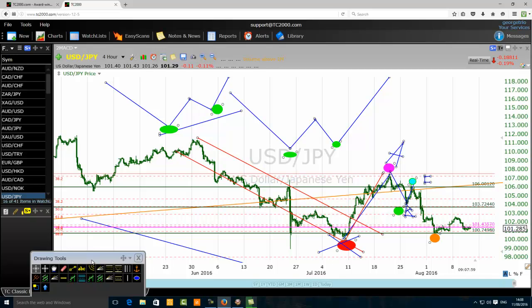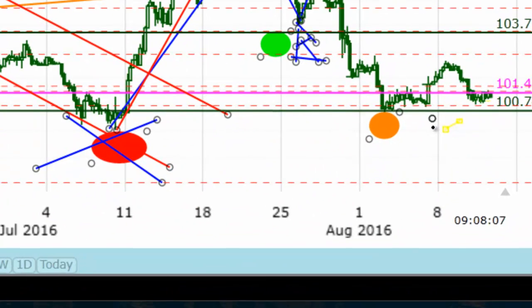The last part of this pattern is C to D. So the pattern is completed at point D, D for delta.